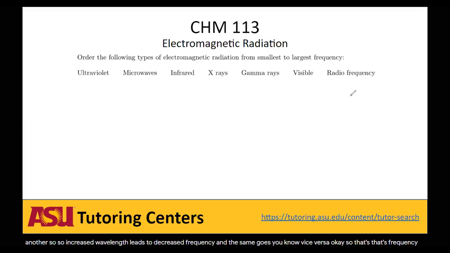Now we're going to try to organize these different types of electromagnetic radiation based on their frequency. And that's a tricky thing to do. What I often do when I think about this is I think in terms of how much damage these different types of waves would do to a person. So visible light, that's sort of the middle ground.